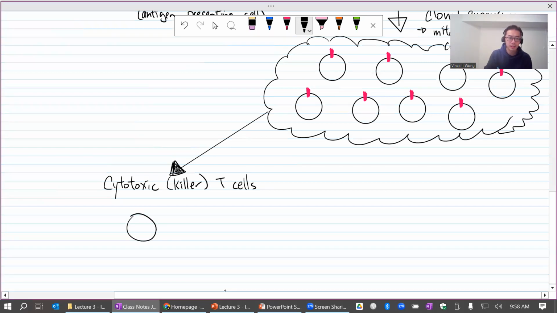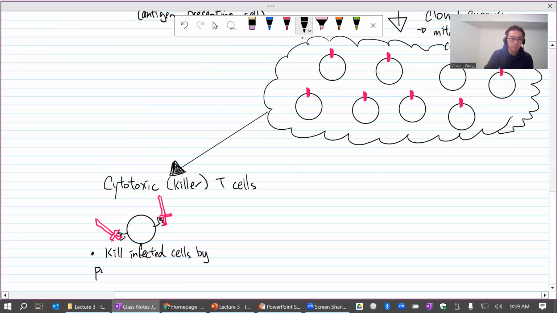And to help you remember it, this one is going to be holding a sword. It's going to help kill things off. So what does the killer T cell do? It will kill infected cells by poking holes in them.